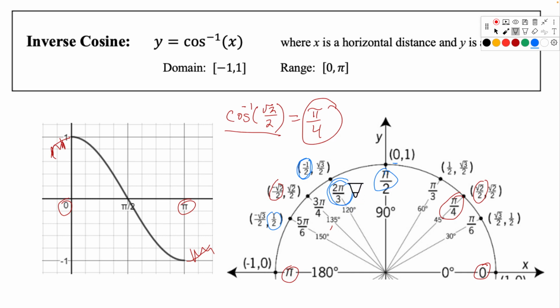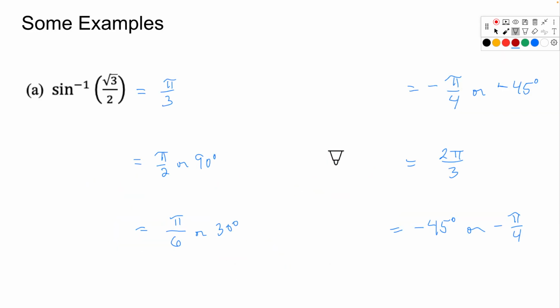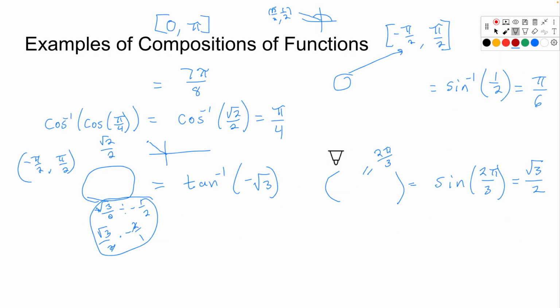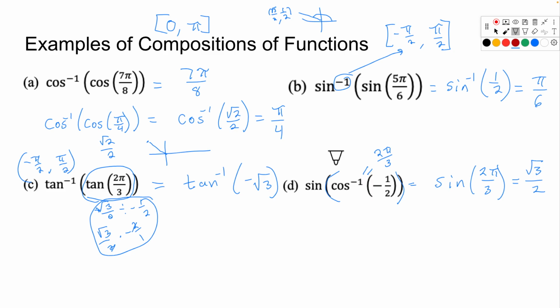The inverse cosine gives me the angle, so it's giving me the angle of 2 pi over 3. Right? And so now I take the sine of that angle. The sine of that angle is square root of 3 over 2. So that's how I end up with this.